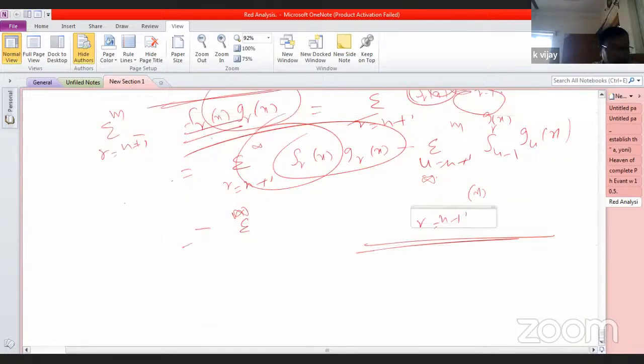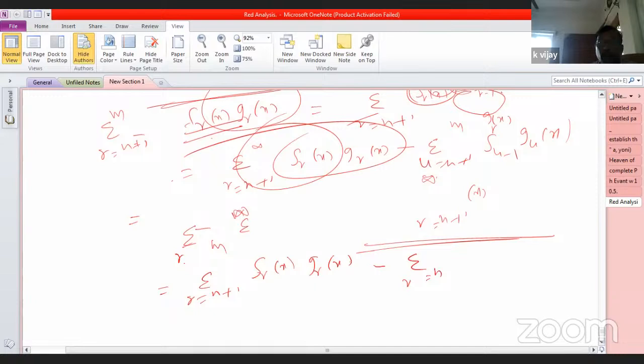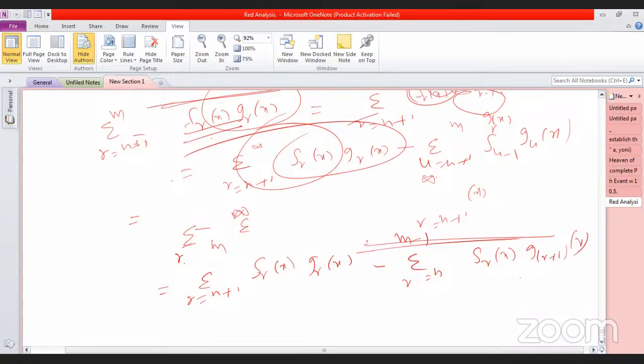So see here, summation of r is equal to n plus 1 to m srx grx minus summation of r equal to n minus 1. I am taking here again minus 1. That is m is equal to 1, then m is equal to minus 1, srx, minus 1 తీసుకొని ఇక్కడ ప్లస్ 1 అవుతుంది.